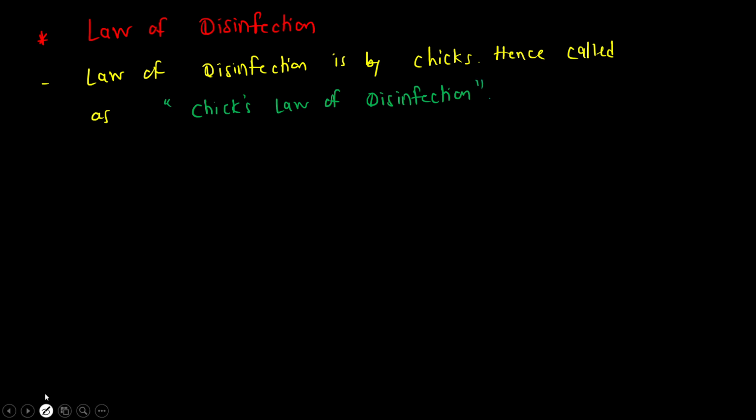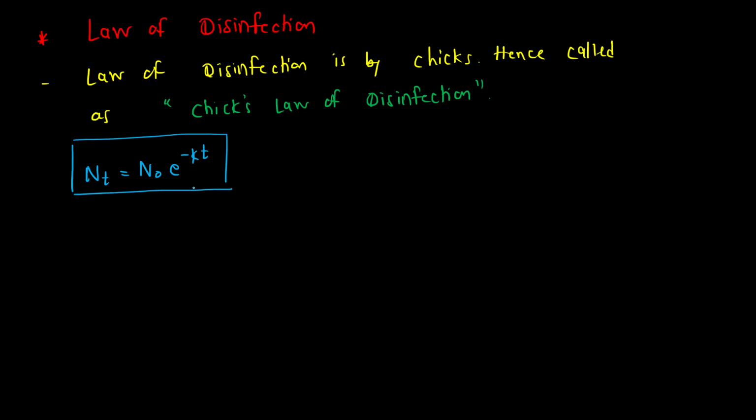Now what is the statement for this law? Nt is equal to N0 into e to the power minus k into t. This is the equation given by Chick, where Nt stands for the number of organisms remaining at time t.